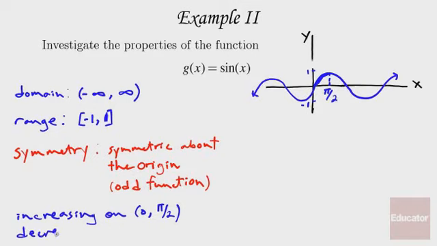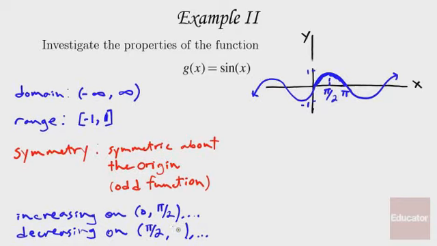This function is decreasing on pi over 2 to pi. And so that would be this section of the curve here, from pi over 2 to pi. And this function oscillates, and so actually we could say a little bit more about where it's decreasing.